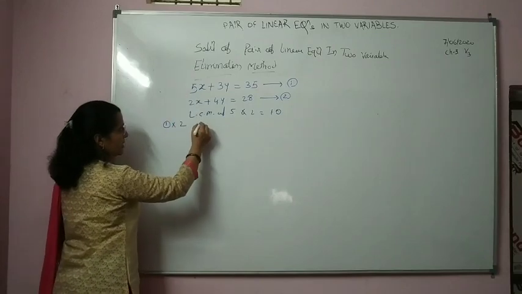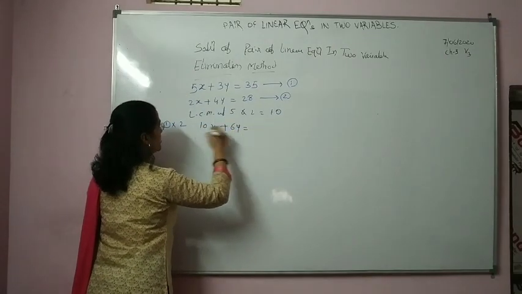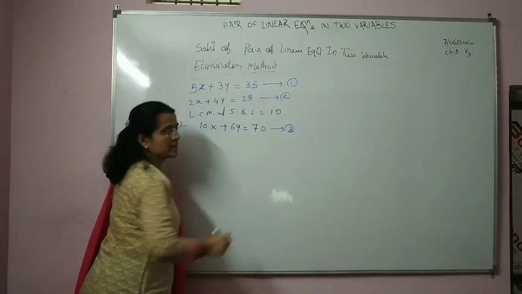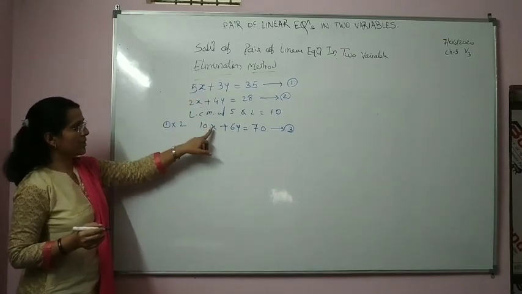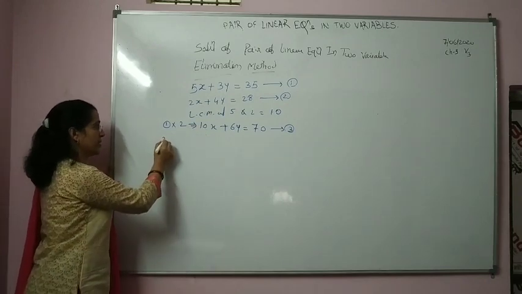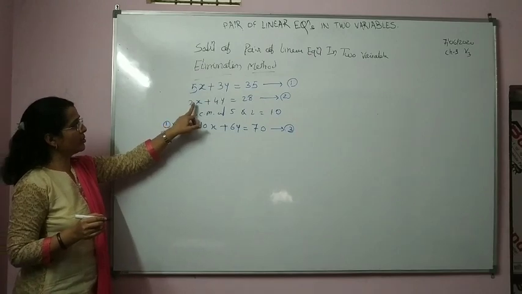So 5 into 2 is 10x, plus 3 into 2, 6y, is equal to 35 2s are 70. So we will have another equation, which is equation number 3. In this way, the coefficient of x we have made 10. So this is equation 1 multiplied by 2. Second equation: the coefficient of x is 2. We have to make the coefficient 10.